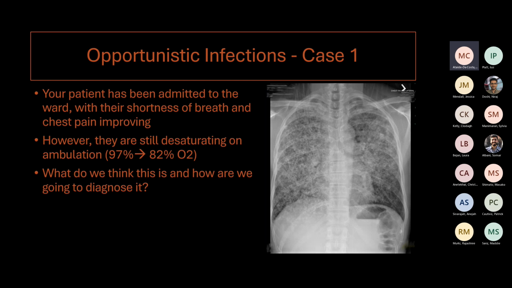So, good. Based on the clinical scenario that I've given you, what do you think this is, first of all? And what do you think we're going to do to diagnose it?